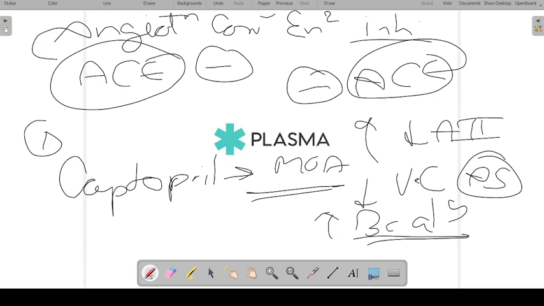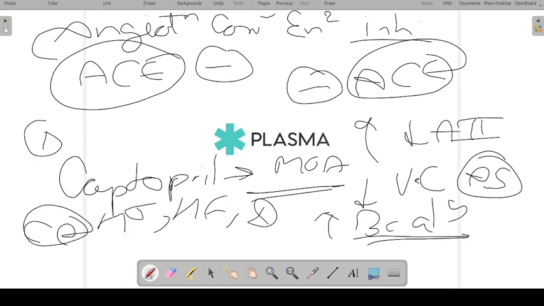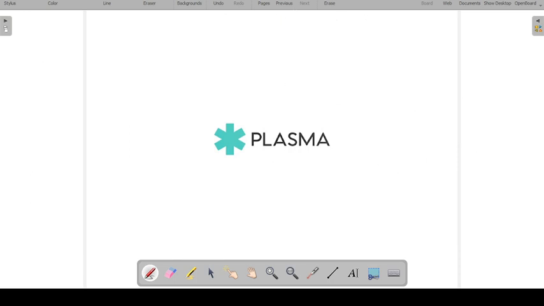The clinical application is in hypertension, heart failure, and diabetes.